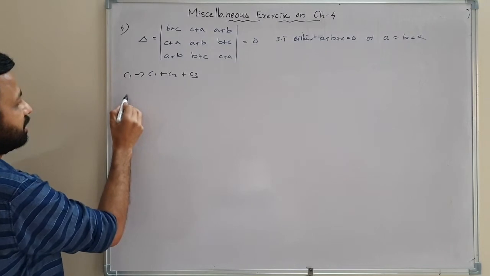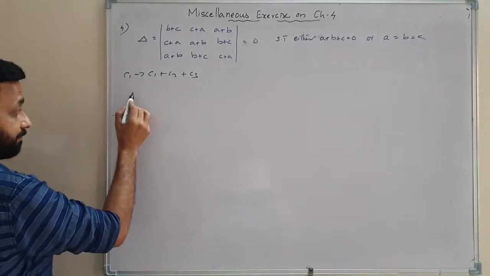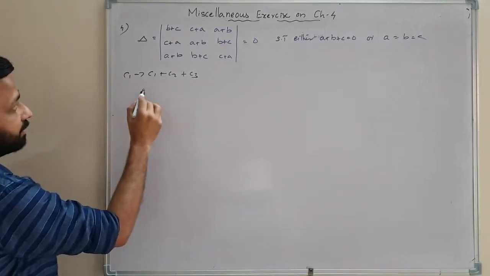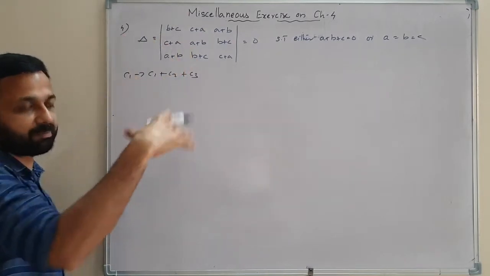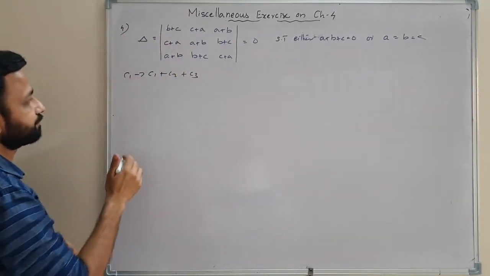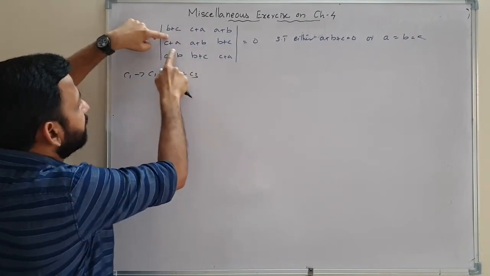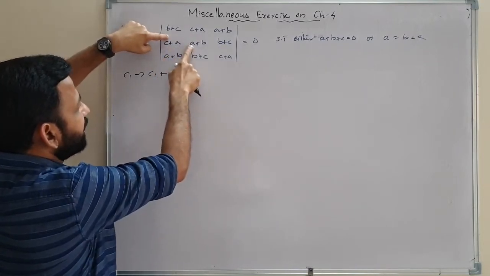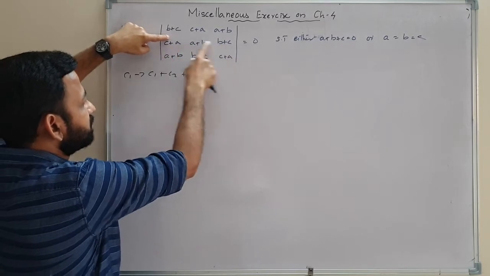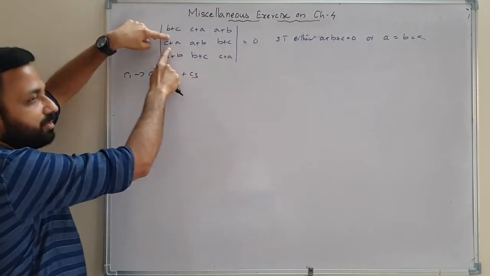So we will get 2 into a plus b plus c here. Similarly, a plus a is 2a, b plus b is 2b, c plus c is 2c, that is 2 into a plus b plus c.